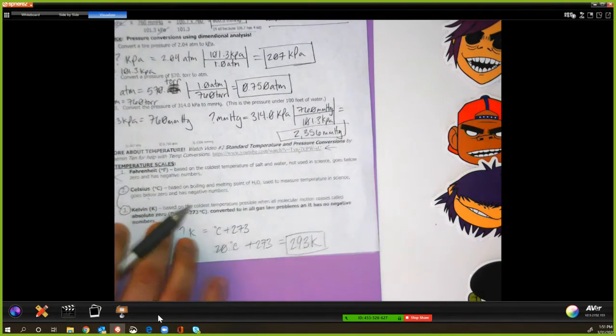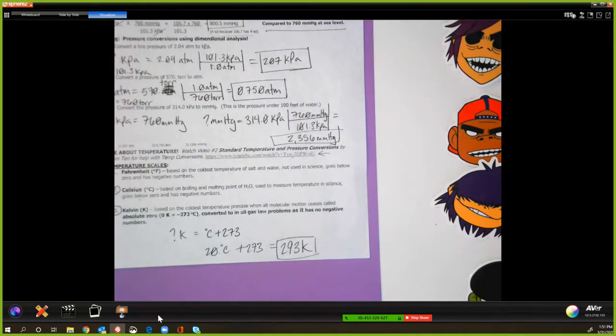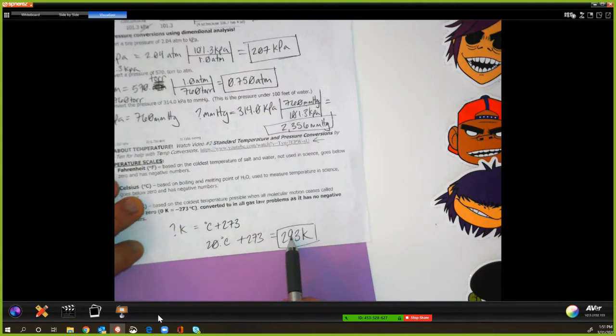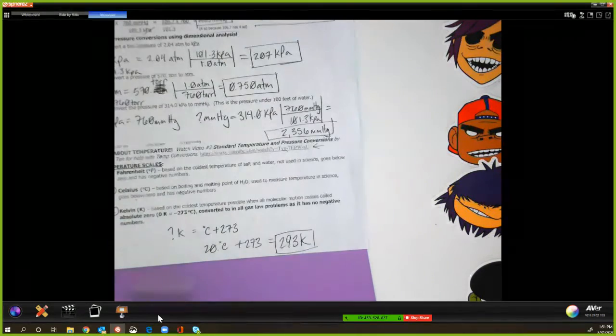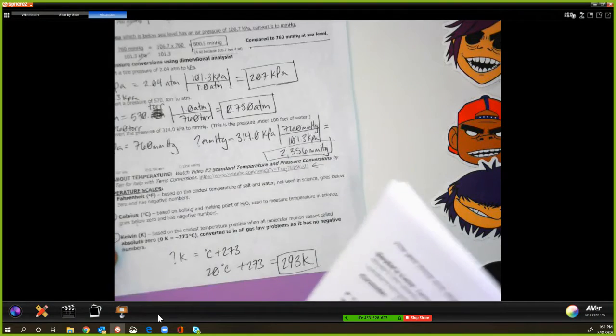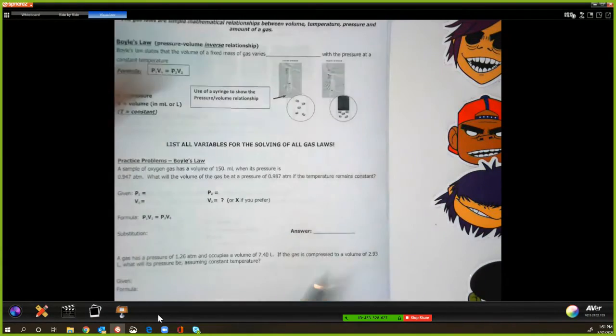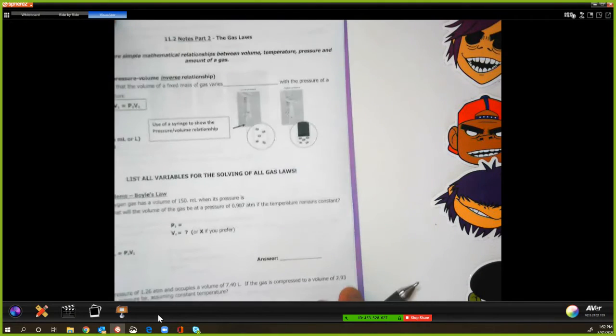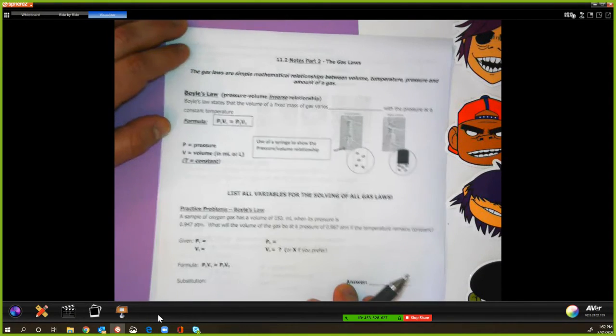All right, so I printed off, I just wanted to go over a couple of these new notes with you guys today because this is key right here for doing the notes that you guys have for this week. Okay. And we whittled it down to like 4 gas laws that you're going to have to know. There might be one more in there.